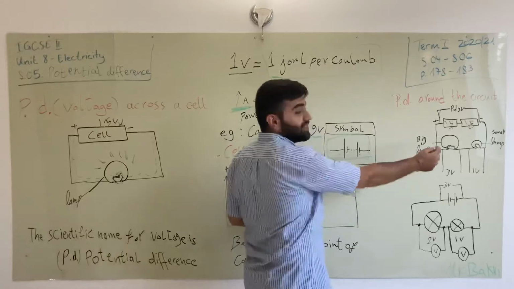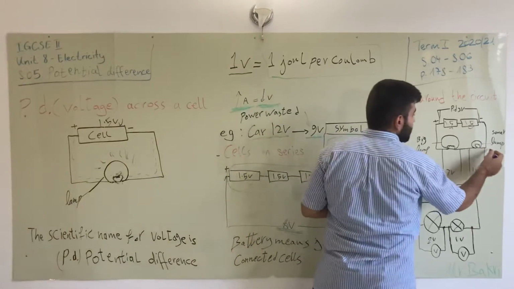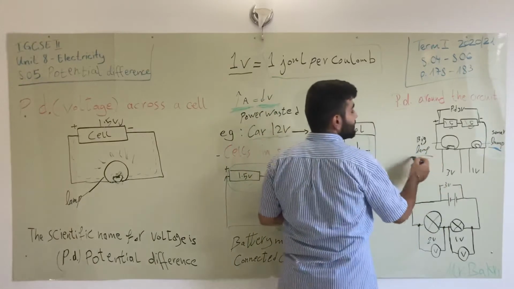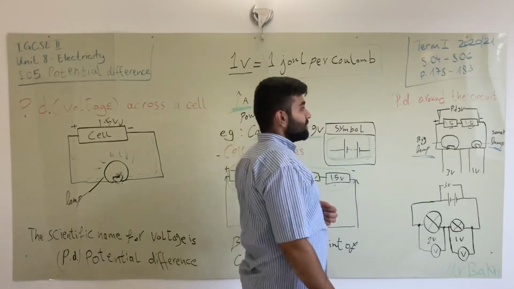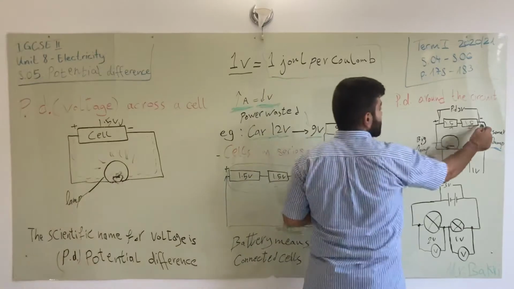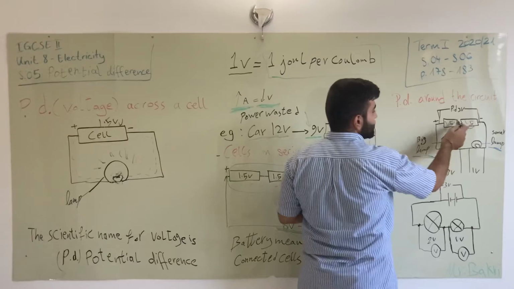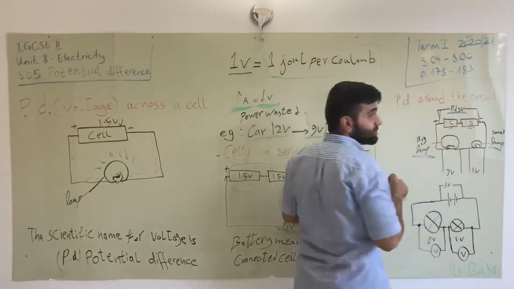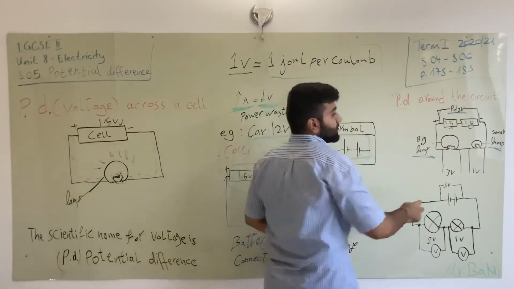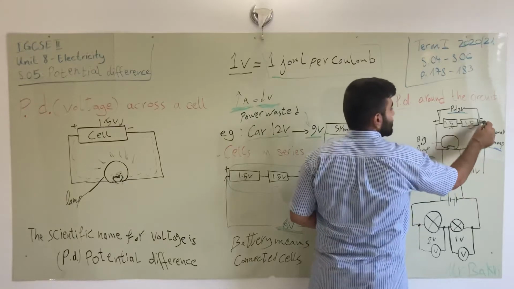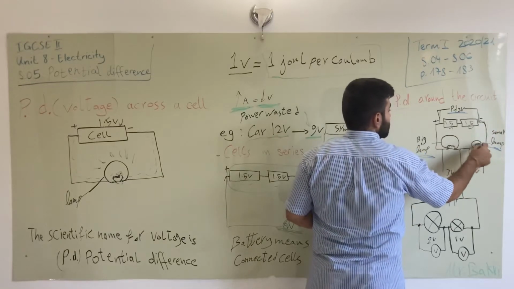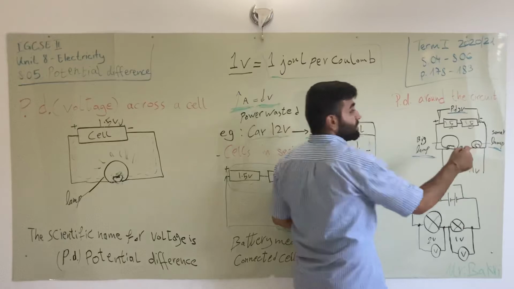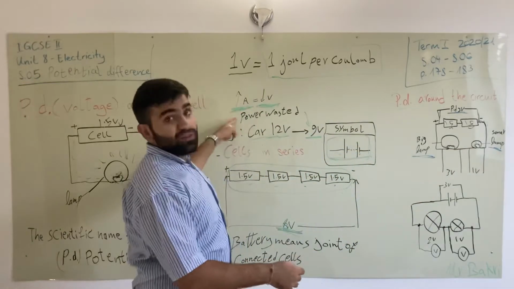So, if I have here a small lamp, and I have here a big lamp, and I have here the source or the cells or the battery, whatever, it's 3 volt. So the thing is, the current coming up from here, taking up the filament, the volt will go down.